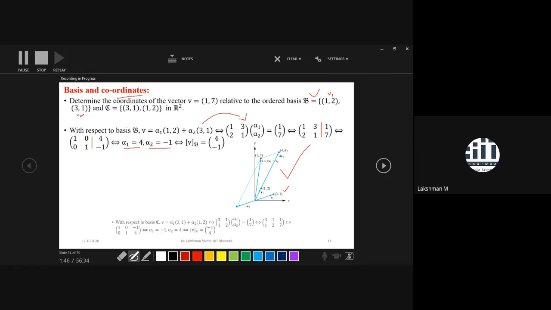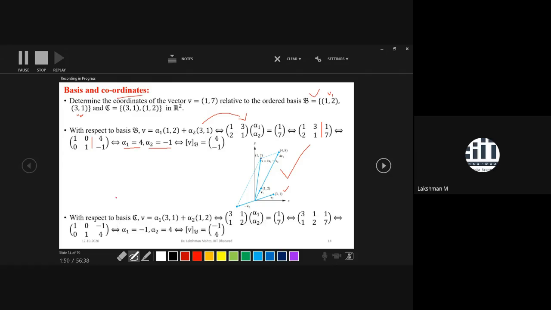Similarly, we will find the coordinate of this vector (1, 7) with respect to the second basis c. Again we write v as a linear combination of alpha 1 times (3, 1) plus alpha 2 times (1, 2).